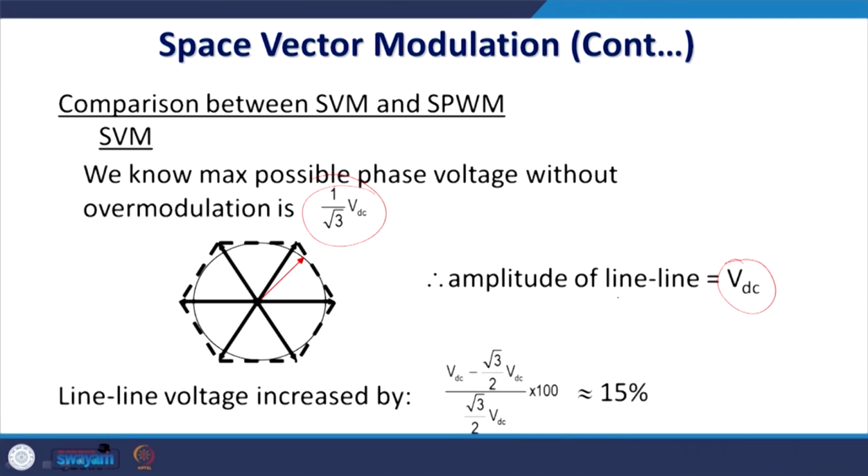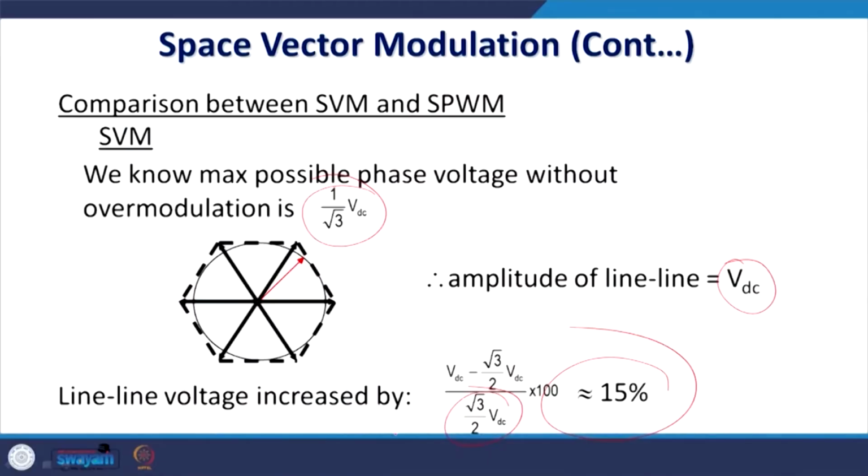Thus, straight away you can see that the line to line voltage in case of space vector modulation is VDC versus root 3 by 2 VDC, which is a 15% increase in the utilization of the line to line voltage at the output of the inverter, and thus we get better utilization of the DC bus voltage.